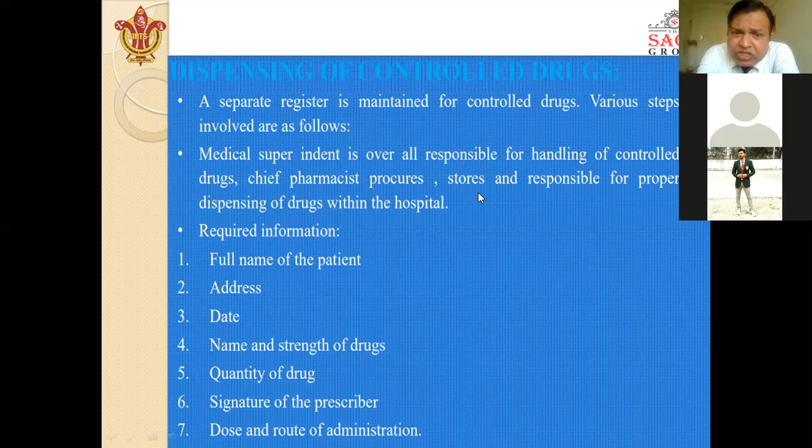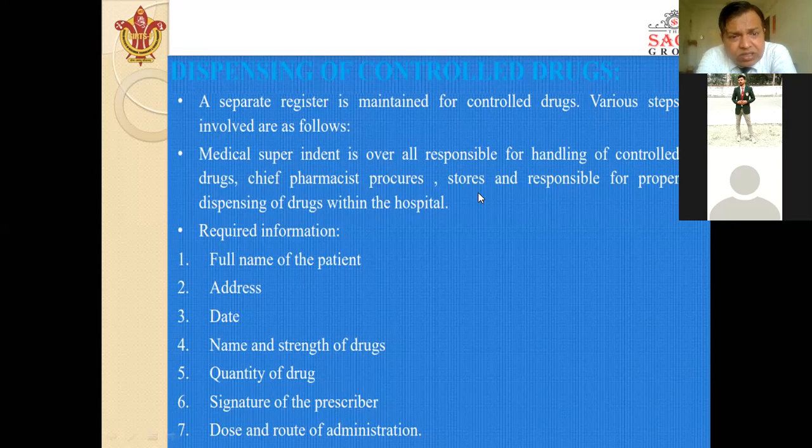A separate register is maintained for controlled drugs. Various steps involved are as follows: the medical superintendent is overall responsible for the handling of controlled drugs. The chief pharmacist procures, stores, and is responsible for proper dispensing of drugs within the hospital.